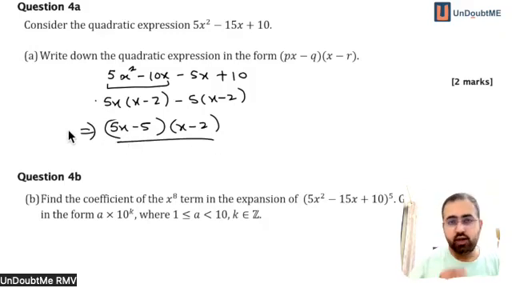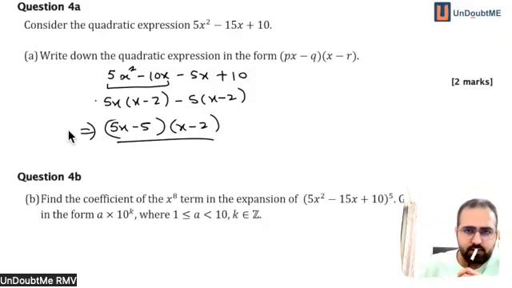Everyone should get these two factors, 5x minus 5 and x minus 2.